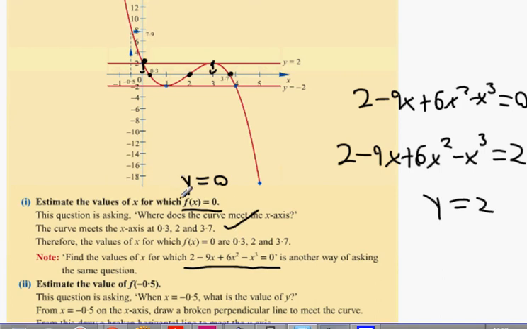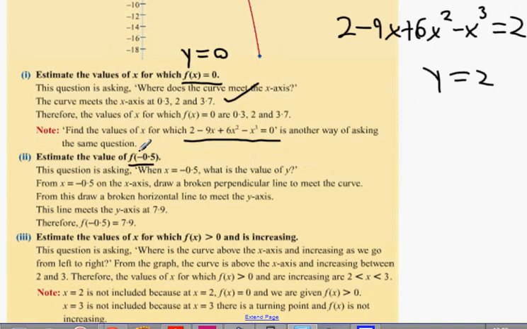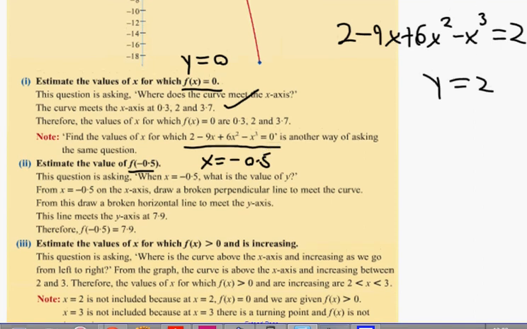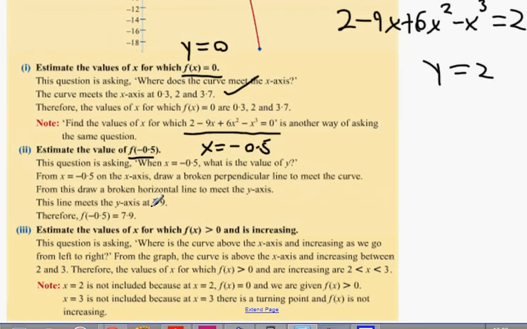Okay? Now, what we're going to do next is this. Estimate the value for which the x value is minus 0.5, but what is the y value? Go to x equals minus 0.5. Where is it located? It's located here. And then work your way up, and it hits it around 7.98.